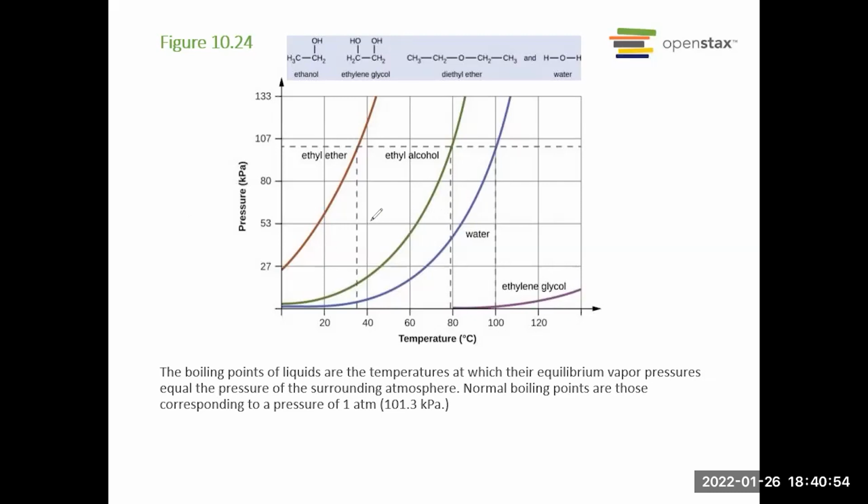So at 1 atmosphere, which is how many pascals? Or kilopascals? It's 101 exactly. Yes, it is 101.325, right? You guys remember that? Okay, so that's exactly where this line is drawn.